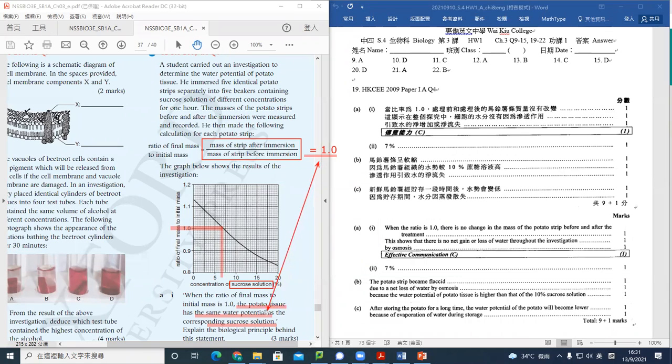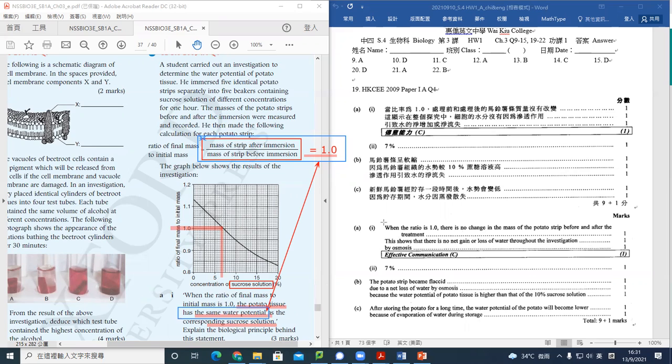How are they related between the ratio and the water potential? What does it mean?